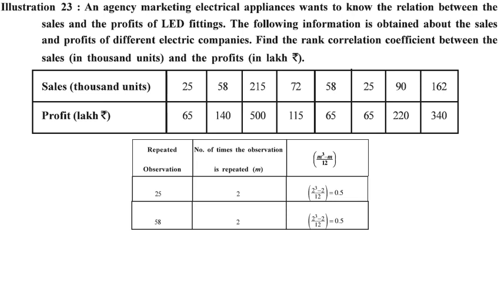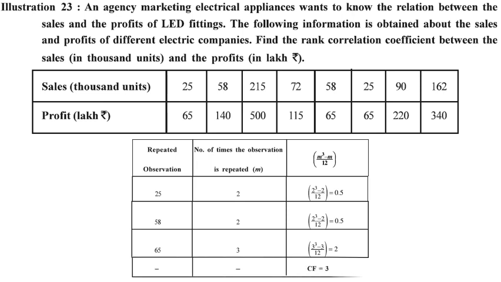Then for the profit, 65 has been repeated 3 times. So 3 cube minus 3 upon 12 is 2. When you total all of these values, you will get the CF, 3. So the correction factor in this sum is 3. This way you calculate the correction factor first and then you continue with your regular table in this sum.